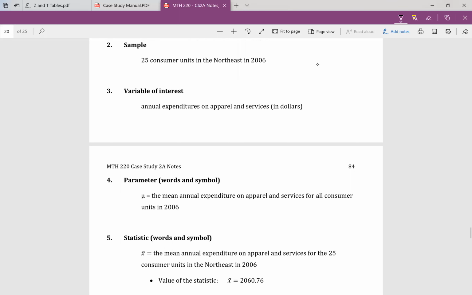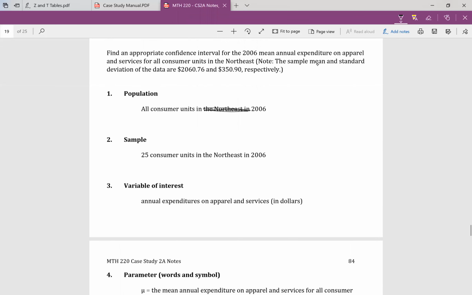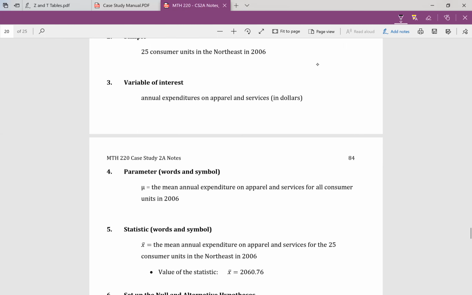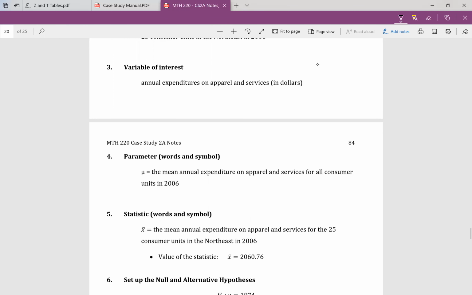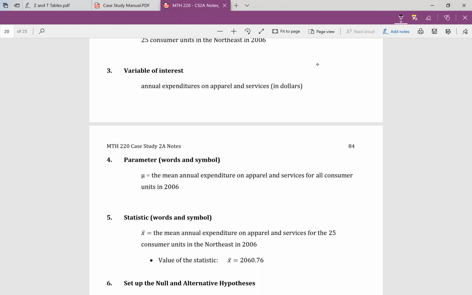Then we have the value of the statistic. That's going to be 2060.76. That number came from this last sentence right here. This was our X bar, and that's going to be our S. So the value of the statistic is 2060.76.